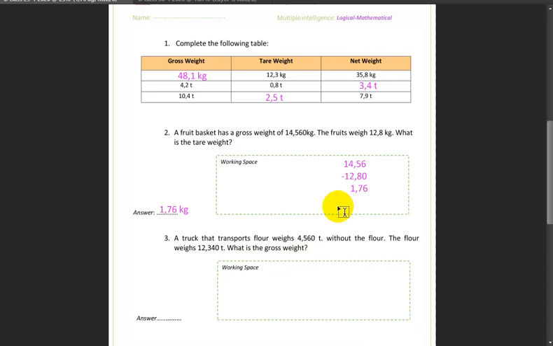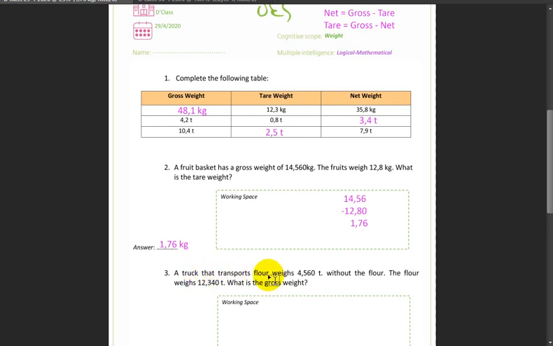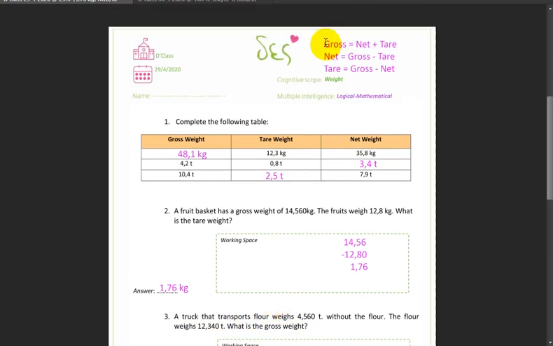So, okay, we know how much the truck weighs. We know how much the flour weighs, but we need to understand which one of these weights each one of these is. The problem is asking us what the gross weight is. So immediately we know that we're in the first type of problem where we're looking for the gross weight.